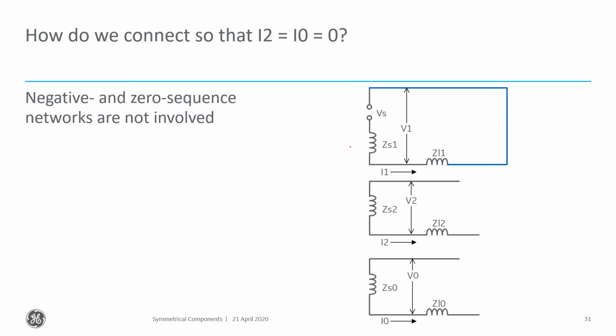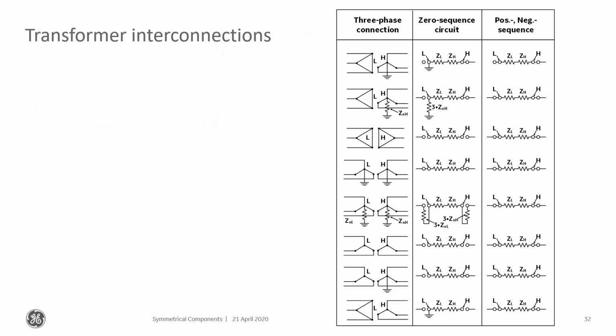Okay. Now this becomes a little bit more complex because transformers do things to our sequence networks. If we look at our positive and negative sequence networks, it doesn't matter what the transformer type of connection is. We always pass positive and negative sequence quantities.